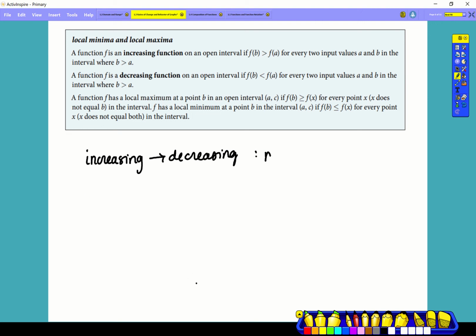This is your maximum, right? Because if you have a maximum on a graph, it's going to be increasing and then it's going to be decreasing. Now, if we're talking about minimum, it will be decreasing and then it will be increasing.